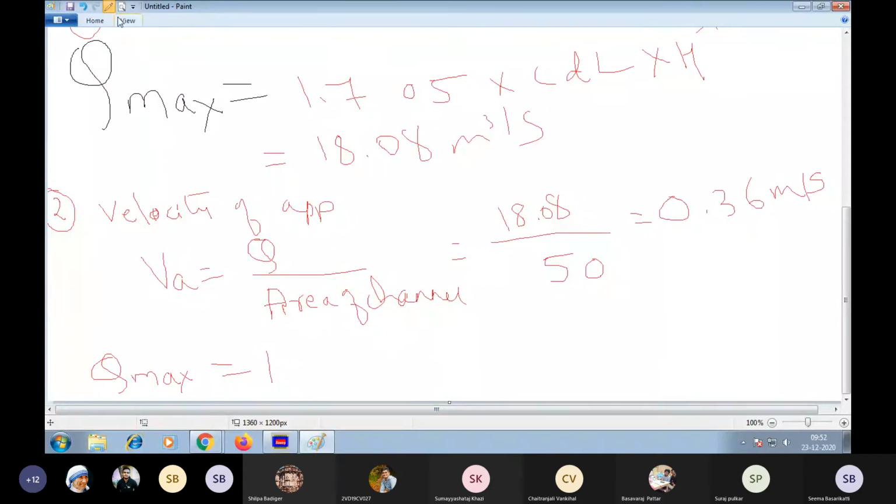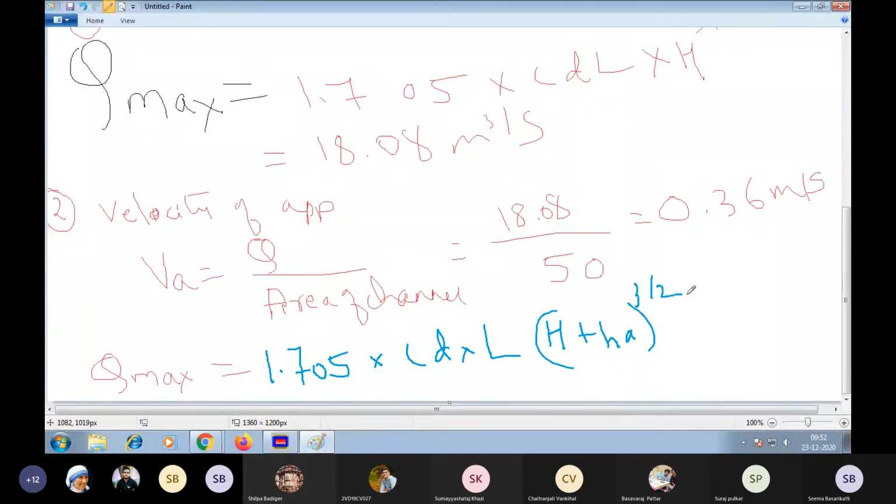That is, 1.705 into CD into L. How are you going to write H? H plus HA raised to 3 by 2, minus HA raised to 3 by 2. Now, how are you going to calculate this HA?